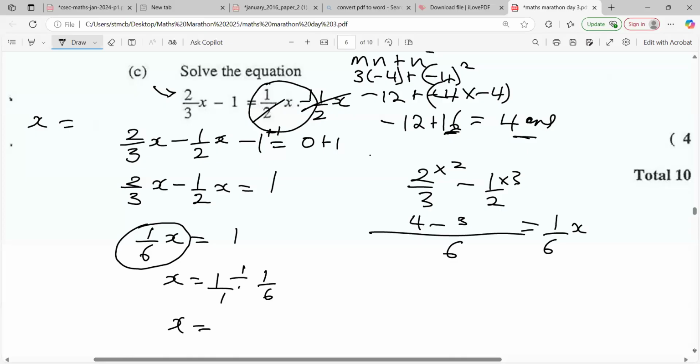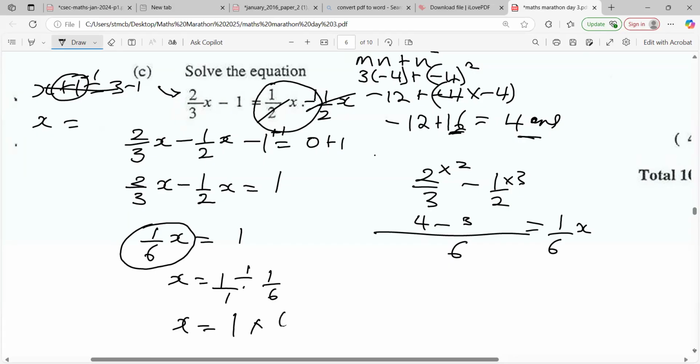Just think of it simply like this: if you have x plus 1 equal 3, wouldn't you get rid of this 1 by taking the inverse? So you minus 1 from both sides. It's the same principle. Now we have 1 times 6 over 1, so x is equal to 6.